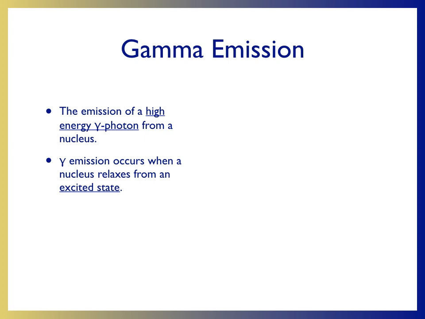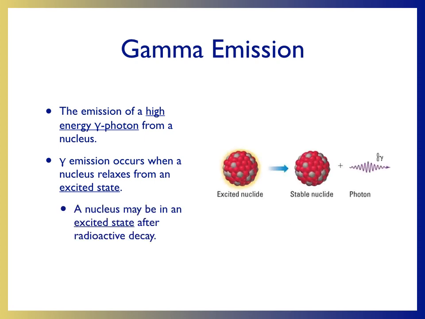Gamma emission occurs usually when a nucleus is in an excited state and relaxes down to its ground state. The nucleus might be in an excited state because it just underwent some sort of radioactive decay.